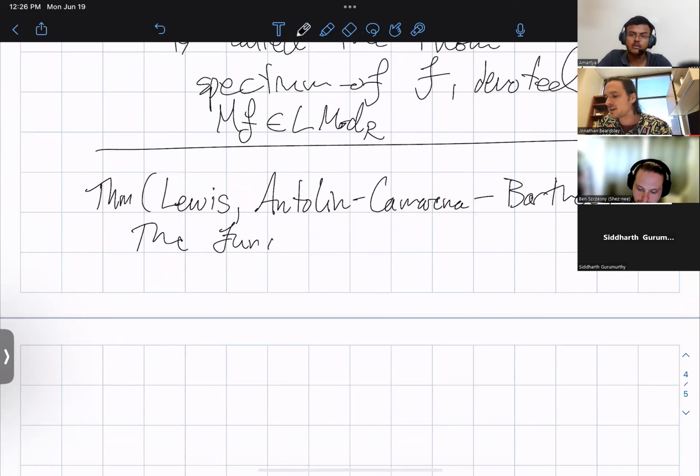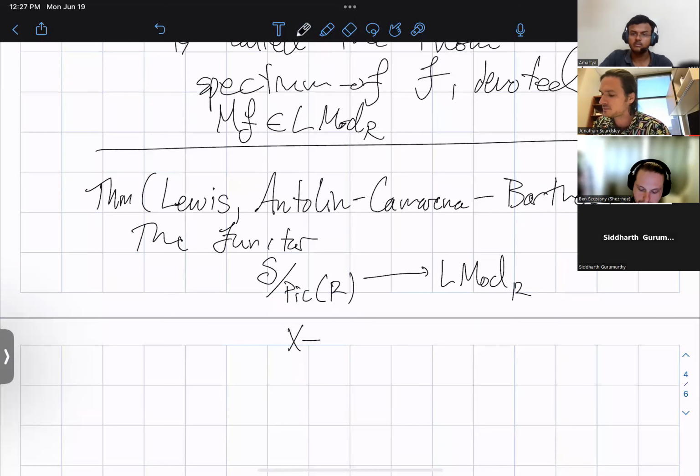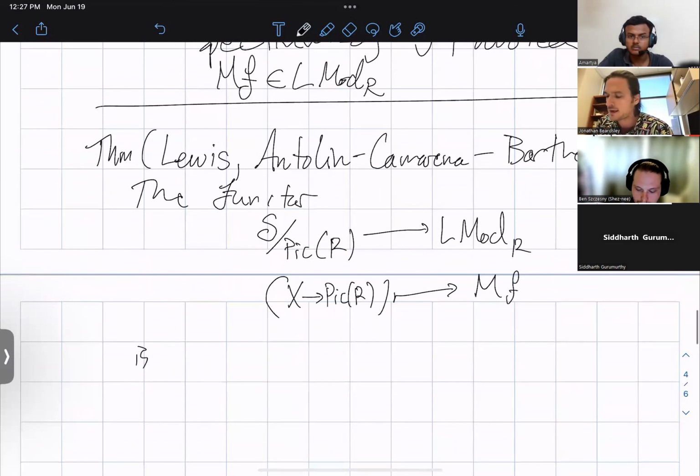So the functor that goes from spaces over Picard to modules over R, which takes X over Picard to this MF thing, is symmetric monoidal.